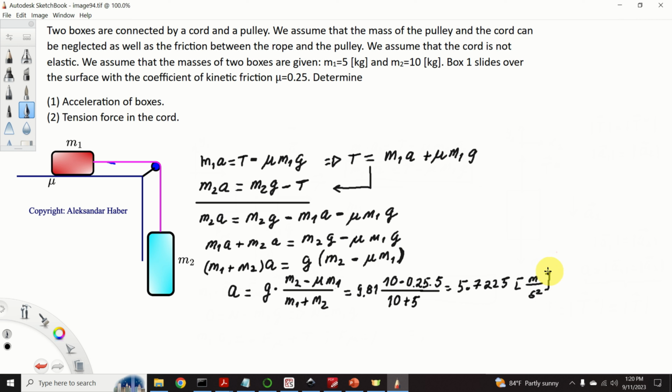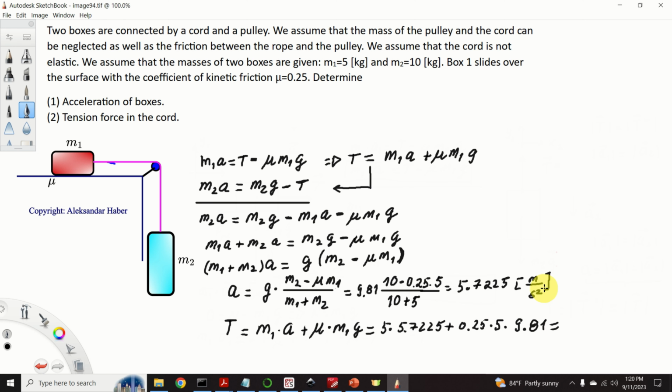Perfect. How about the tension force? Once we determine the acceleration, from this equation we can determine the tension force. The tension force is simply equal to m1 times A plus mu multiplying m1g. And let's see the result. We have m1 is 5, multiplying the acceleration 5.7225 plus 0.25, multiplying m1 is 5, multiplying 9.81.